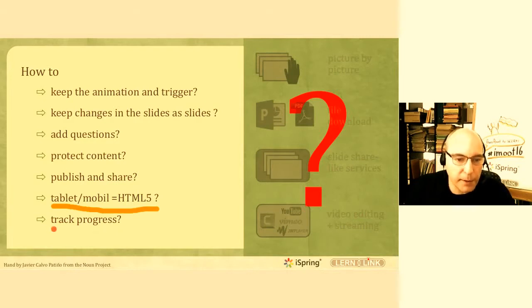And one other thing which is really a big issue: if you use one of these things, you cannot track the progress. If someone goes to your downloaded PowerPoint slides, you will never know how many slides he saw.